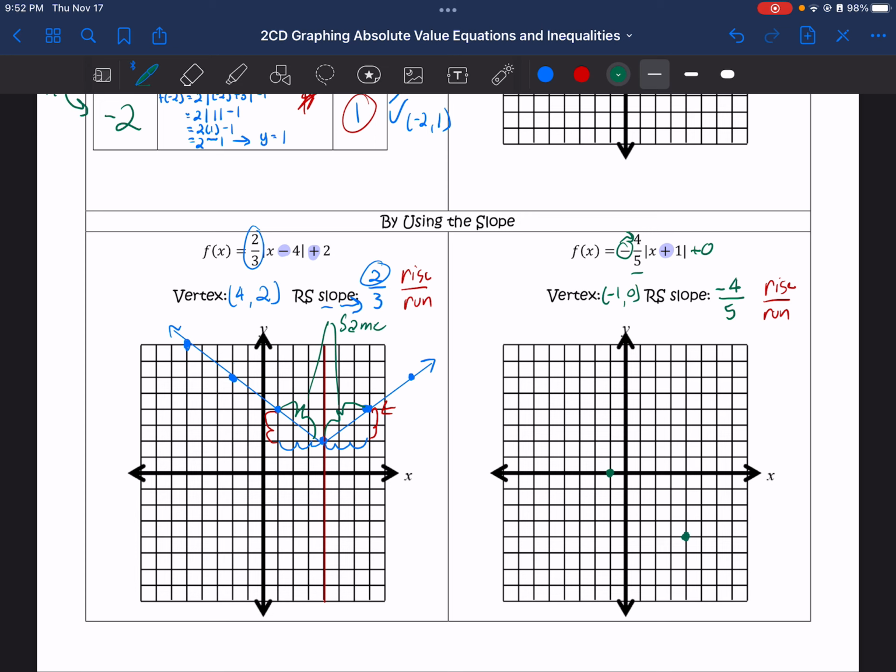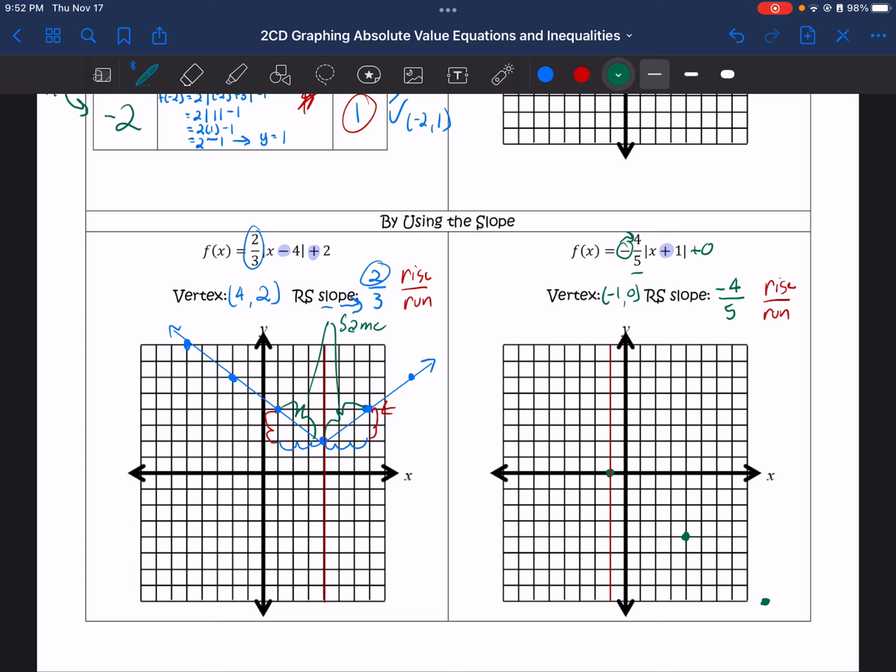If you wanted to do it again, we would go down 4 one more time, 1, 2, 3, 4. And we go right 5, 1, 2, 3, 4, 5. Giving us a point off the graph. Remember that our graph has to be symmetrical across the vertex.